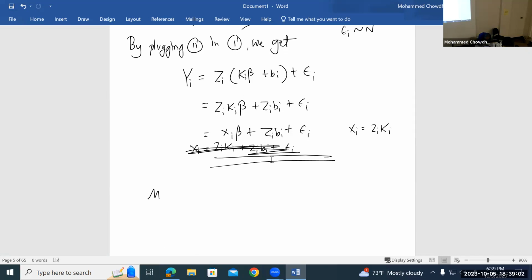Suppose math is my score. And then I want to write here i and j. Okay. So then I want to write here alpha_0i, because i is the first school, and then alpha_1i for the first school, and then CSES_ij, and then plus e_ij.